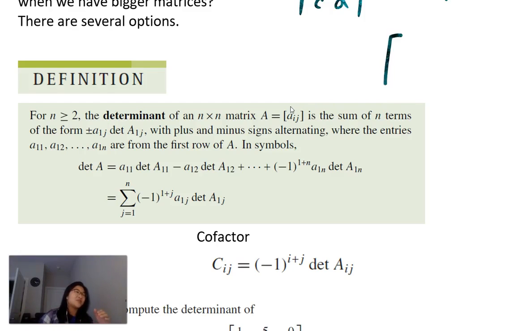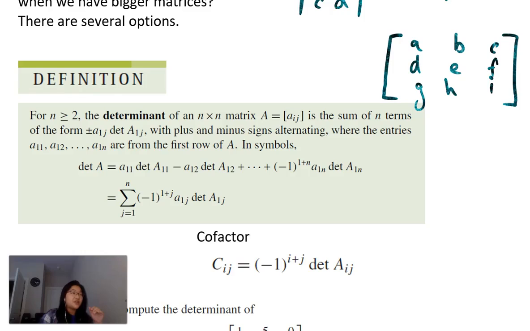So if, for example, you had this matrix A, B, C, D, E, F, G, H, I, then in order to find the determinant, you would take A and multiply it by the determinant of your submatrix, defined by taking away the first row and the first column. So you're getting a 2x2, and now we can use what we had before: EI minus FH.